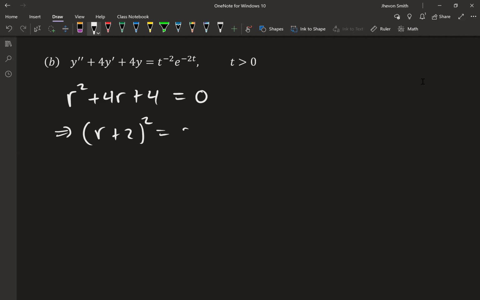So that actually factors to that, which means you have r equals -2 is a repeated root, which means your YH is... you have a repeated root of r equals -2. What is the homogeneous solution?